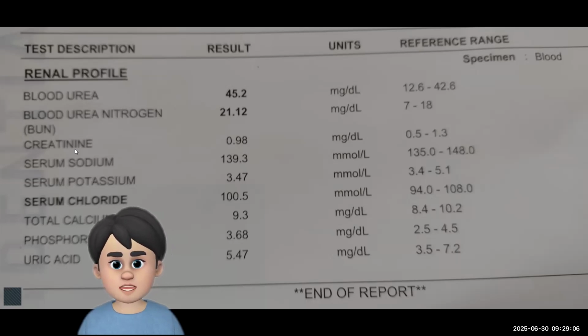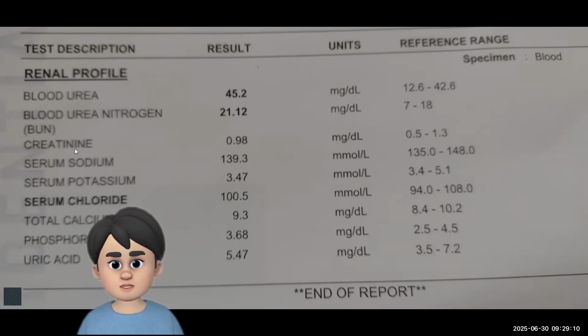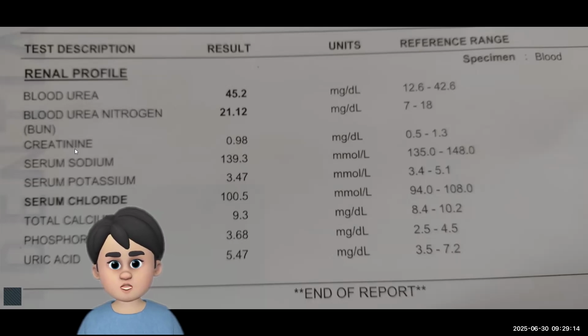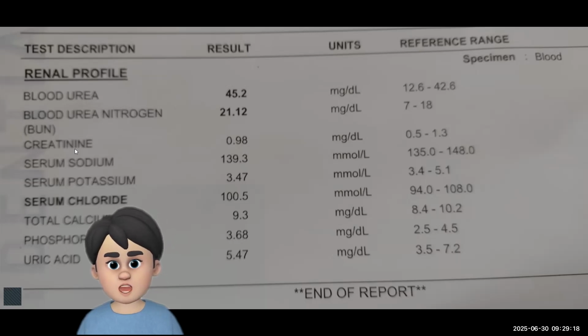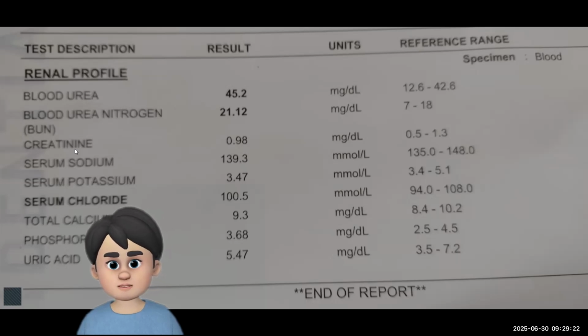We asked the patient to drink a lot of water to rehydrate, and since it was severe pain, we gave pain medication. The patient has been discharged.